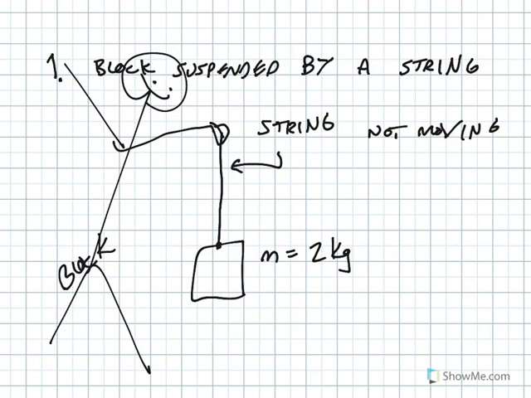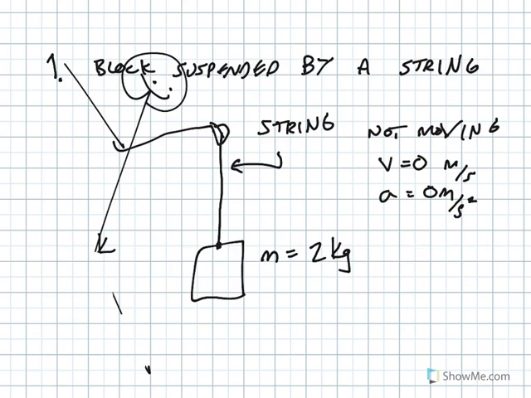So then we know a couple of things. We know that its velocity is 0. We also know its acceleration is 0. And so some questions that we might ask about this would be, for example, what is the weight of the block? Or what is the force of gravity on this block?